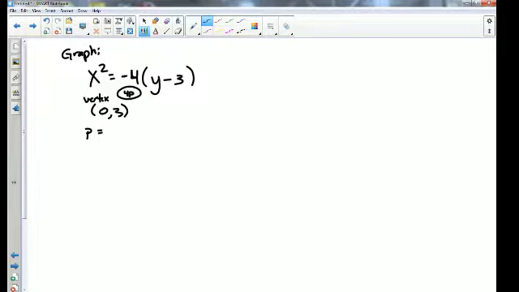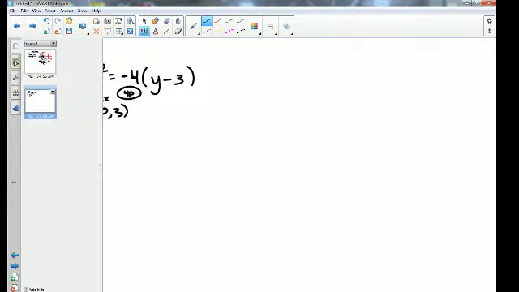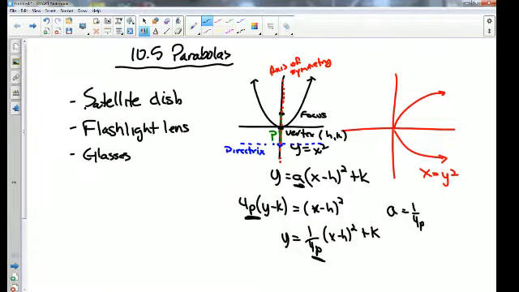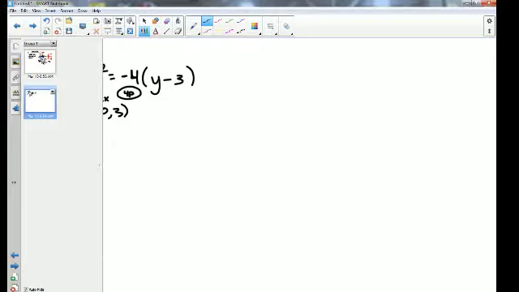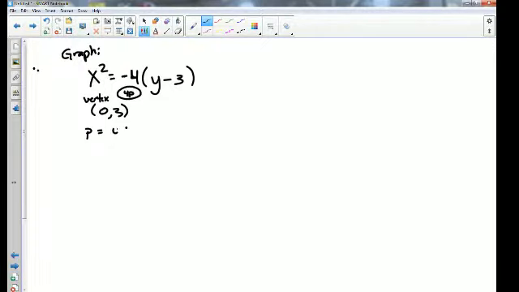In this position, in the formula, if you look at the book formula, that value is 4p, right? So if I come back here, 4p equals negative 4, right? So what's p?